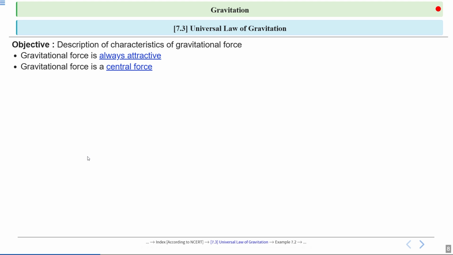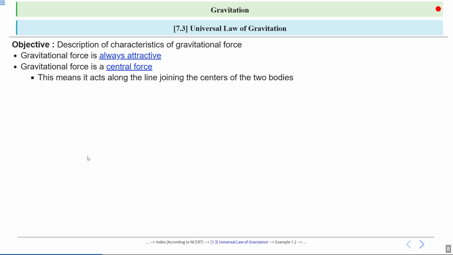Next, the gravitational force is a central force. This means that it acts along the line joining the centers of two bodies. So imagine a straight line connecting the center of the earth to the center of the moon. The gravitational force acts along this line.